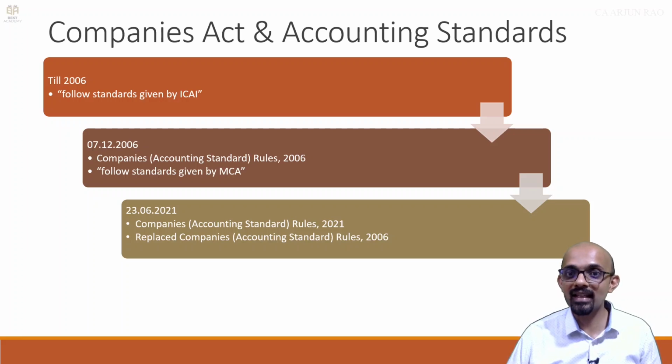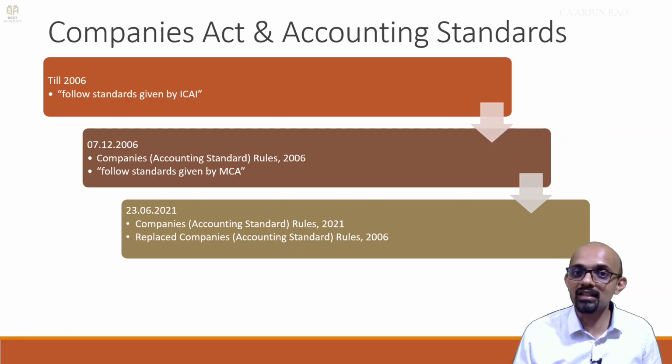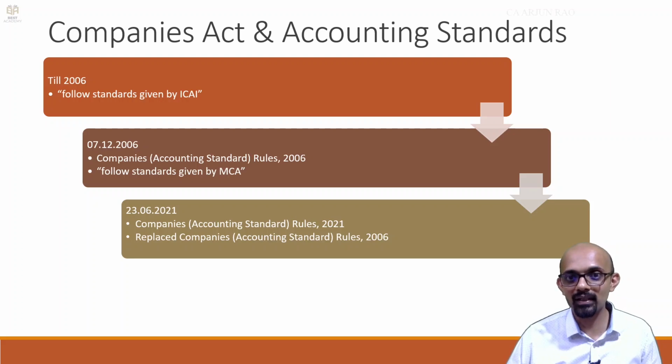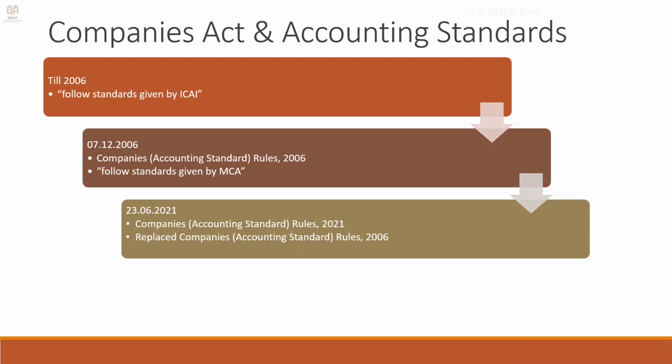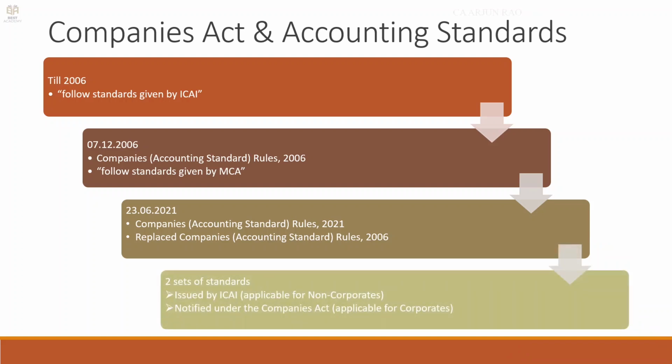There was a change in the criteria for classification as SMC or non-SMC. That was what happened in 2021. So now we have two sets of standards: those issued by ICAI that apply to non-corporates, and those notified under the Companies Act that are applicable for corporates.